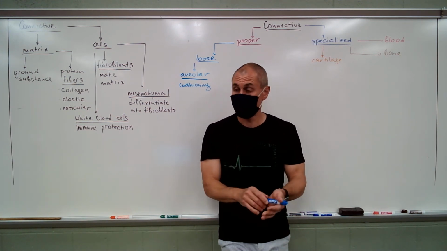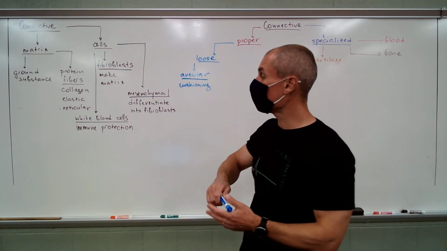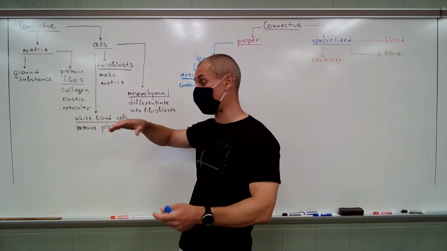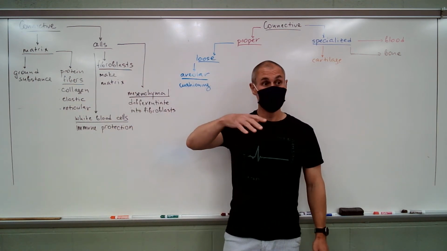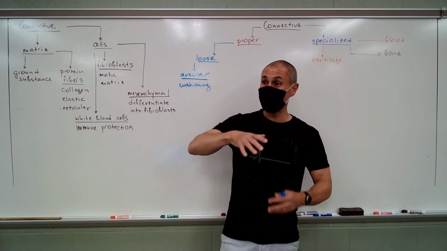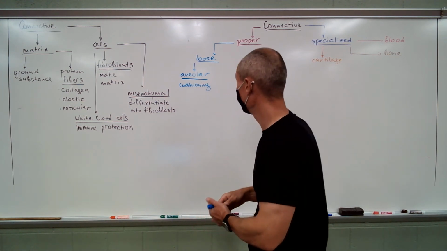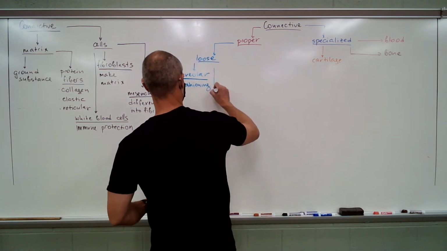Okay? It also contains a little bit of collagen fibers, a little bit of elastic, so it can stretch, a little bit of reticular. So if a pathogen comes through, it won't be that easy. Does that make sense? And then you have adipose tissue.